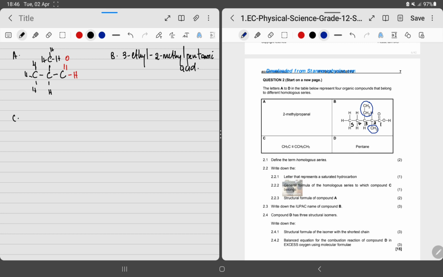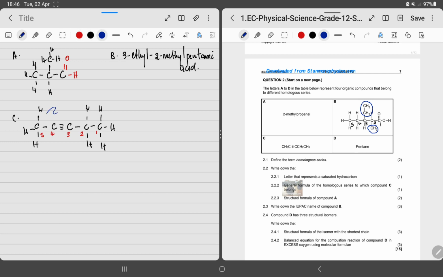Moving on to C. That is obviously an alkyne because we have a triple bond there. The first step is to identify the longest continuous chain, ensuring that the functional group gets the least possible number. 1, 2, 3, 4, 5.